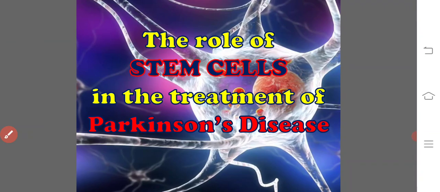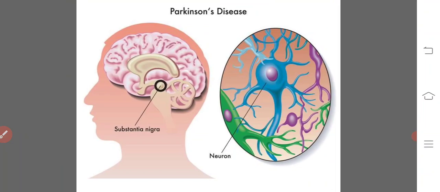Coming to the next kind of application, the role of stem cells in the treatment of PD, that is Parkinson's disease. Actually, Parkinson's disease is a neurodegenerative disease of the brain. There is a decrease of control over muscle contraction of the patient.